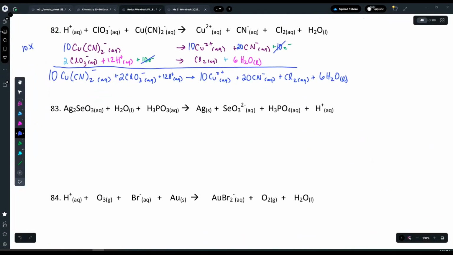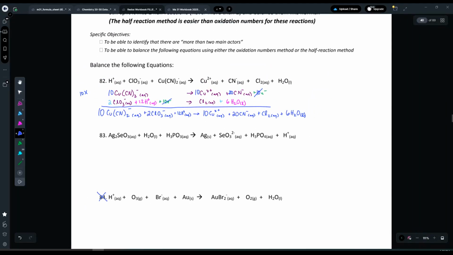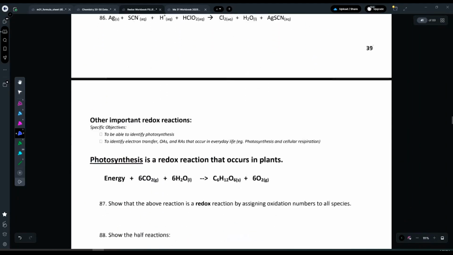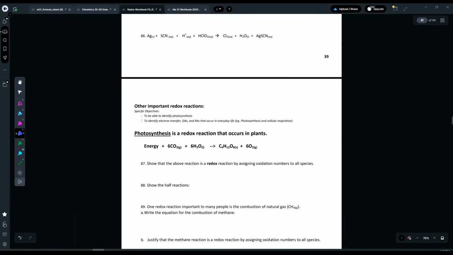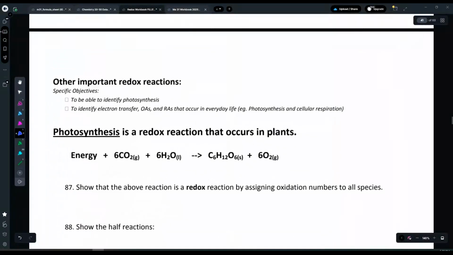So the rest of these questions are going to be very similar. We're going to omit question 84, but the rest you should be able to do. Moving on to the next page, I just want to talk about the first question on this page that talks about photosynthesis.